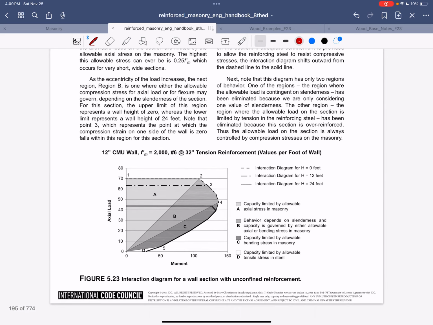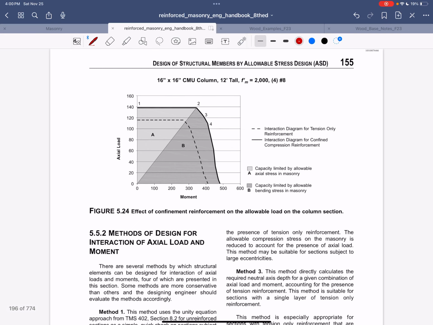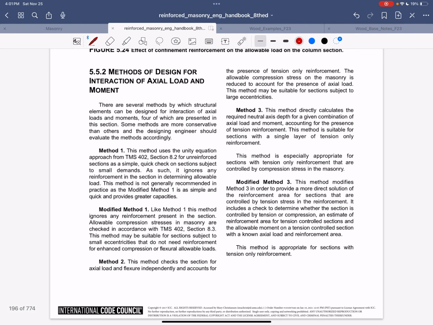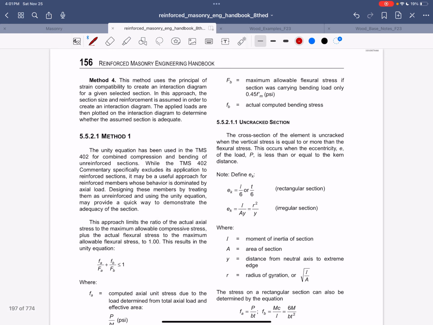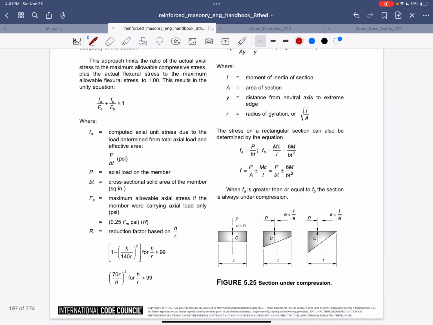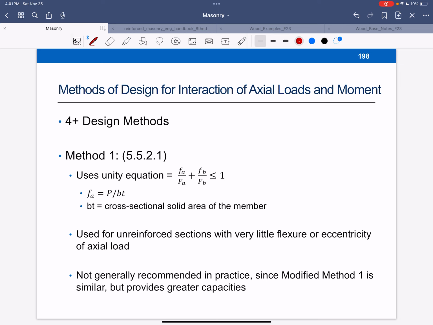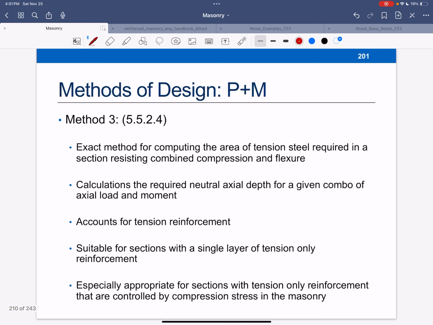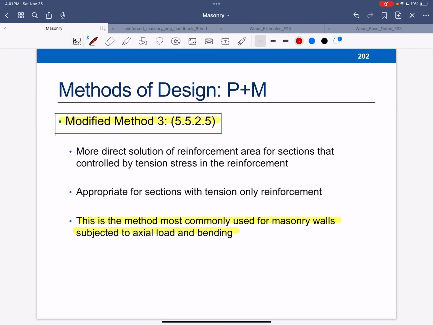It shows you this interaction diagram we just looked at. This one is if I actually have confinement of the reinforcement, but we talked about that that's not very common in walls. Now, methods of design: 1, modified 1, 2, 3, modified 3, and 4. You can go through these different methods, but I'm going to skip to the part that we're interested in, and that is the method that we will typically use, particularly here in Minnesota.